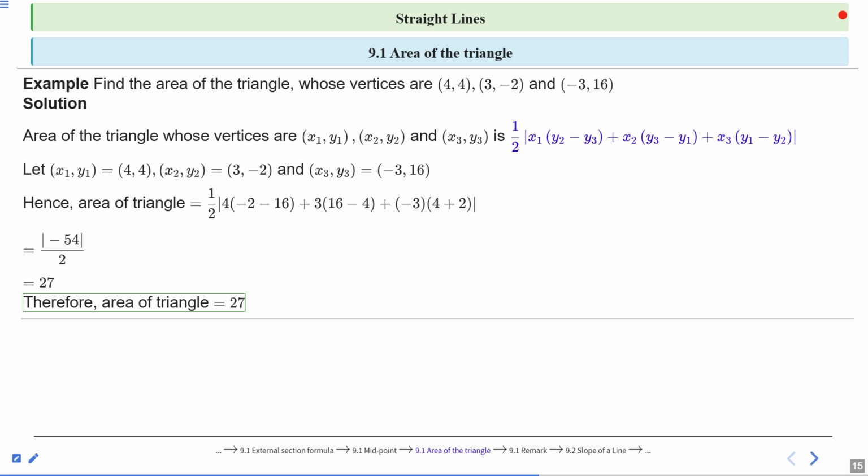Then the area of the triangle whose vertices are (4, 4), (3, minus 2) and (minus 3, 16) is 27. This is the final answer for this example.